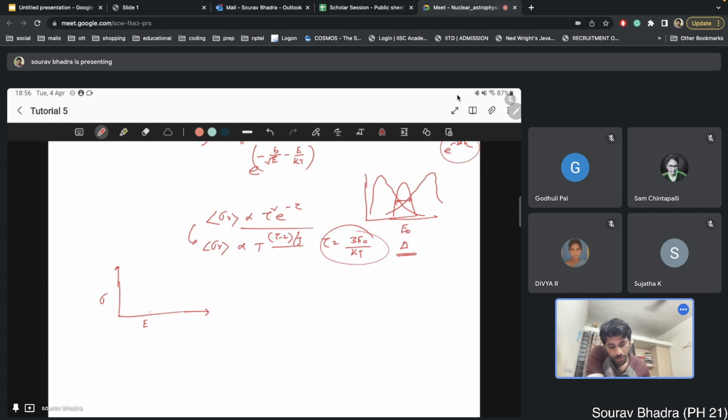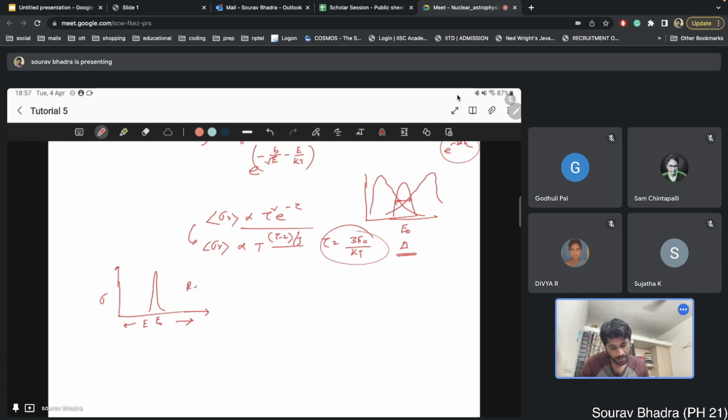But now the sigma can be like this. For a particular value of energy, which is this value, the sigma is abruptly high. So it is like a delta function, roughly. And for other values of E, the sigma is completely negligible.